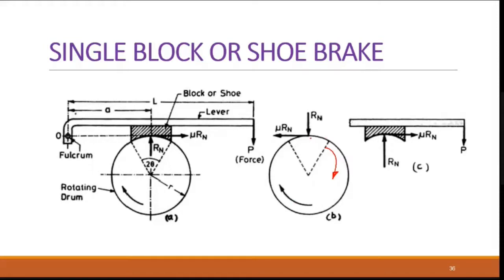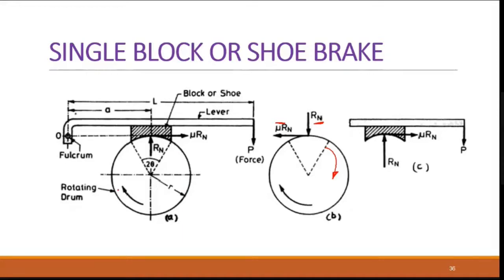If the drum rotates in clockwise direction, it is in contact with this shoe or block, so you will have a reaction, Rn. Because of the rotation, friction acts in the opposite direction, since friction is always opposite to the direction of motion. The rotation is clockwise, so friction will be anticlockwise, which is mu into Rn. These are the two forces applicable to the rotating drum.